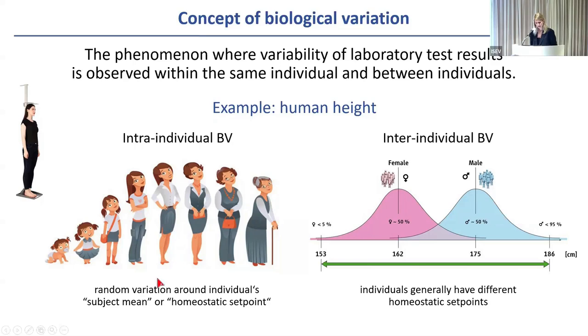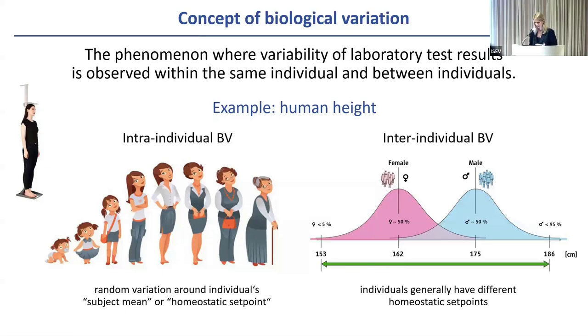So there is a random variation around a subject mean, around this homeostatic set point for each individual. But if we compare these individuals' homeostatic set points in a larger population or cohort, then we are looking at the inter-individual biological variation.